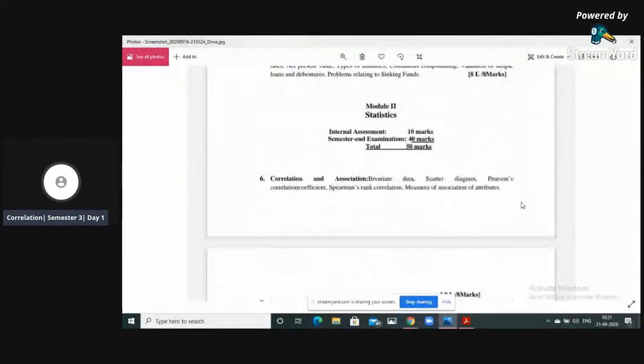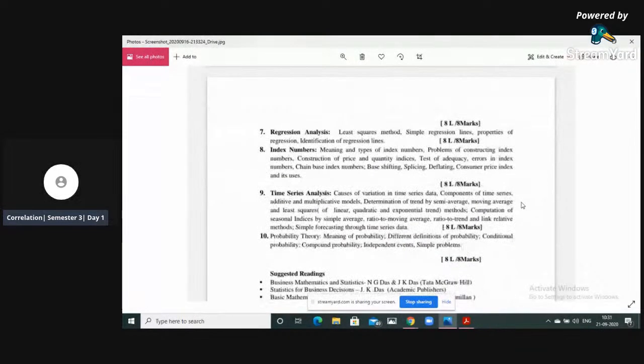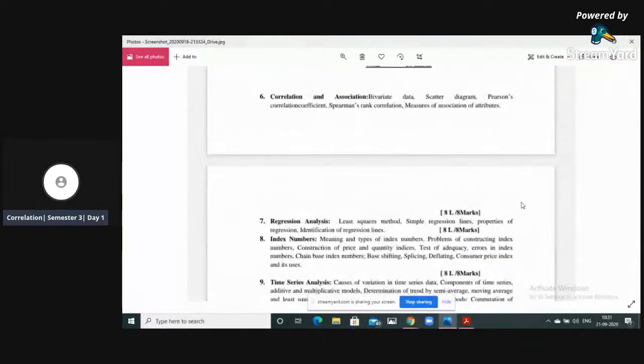Similarly, module 2 will consist of the statistics paper, which has an internal assessment of 10 marks and semester end examinations of 40 marks, in total 50 marks again. So in this module, you again have 10 chapters. You have 5 and 5, all total 10 chapters.